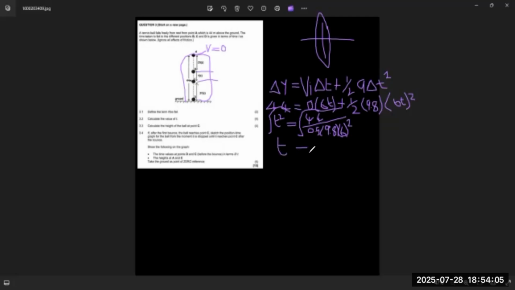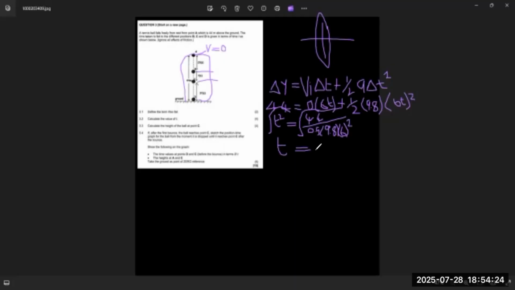t would be equal to, if you type it in with the calculator, can I use a calculator? Yeah, let me use this one.